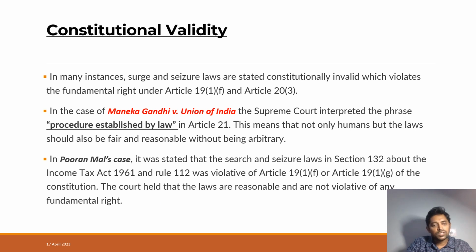Constitutional validity of search. In many instances, search and seizure laws are claimed to be constitutionally invalid, as violating the fundamental right under Article 19(1)(f) and Article 23. In the case of Maneka Gandhi versus Union of India, the Supreme Court interpreted the phrase "procedure established by law" in Article 21. This means that not only the procedure but the law itself should be fair and reasonable, without being arbitrary.